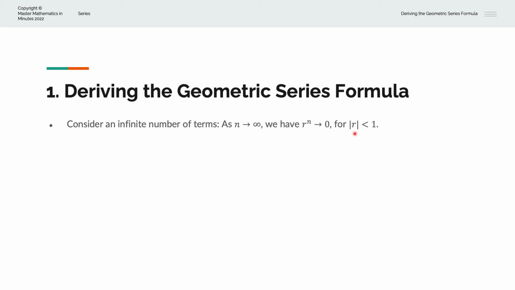So say, for example, if r is 0.1, which is less than 1, r squared is 0.01, so it gets closer to 0. And r to the power of 3 is 0.1 cubed, and that is 0.001, which is even closer to 0. And so if you were to stretch that to infinity, that converges to 0.